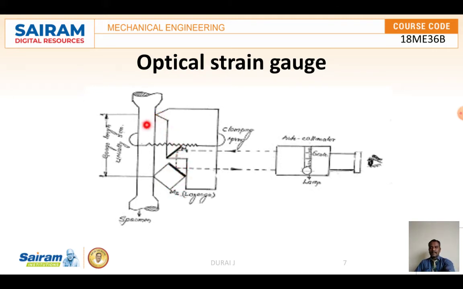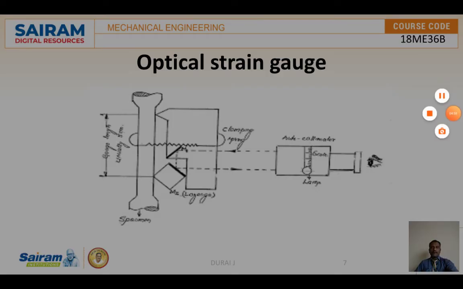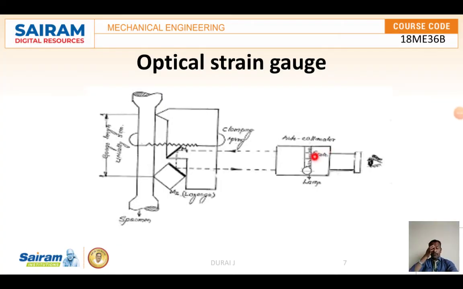The knife edge is fixed on the component, and two lugs are fixed. The distance between the fixed knife edge and the lug changes due to loading. Then the lug rotates when the light beam falls on it. The light source is sent, and accordingly it rotates and the beam is deflected.